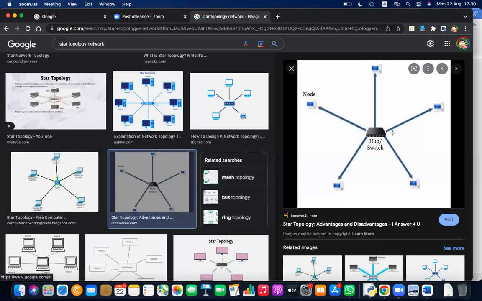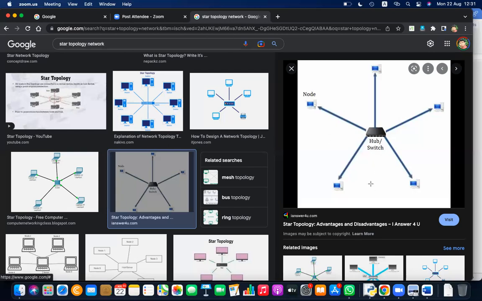So there will be more cabling length, as each of these computers needs a dedicated connection. Right, these are the things.